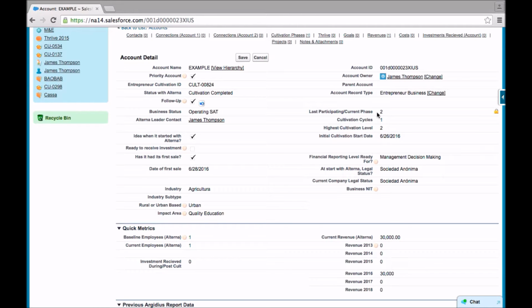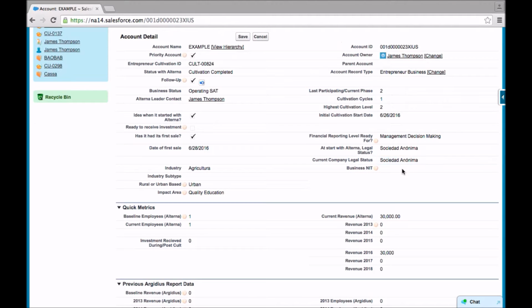Here we can see that the most recent stage that's been entered is phase 2, or advanced stage. They've had one cycle of cultivation, which was that advanced stage cultivation, and the highest level they've reached with us is advanced stage status, and then the identification number of that document.